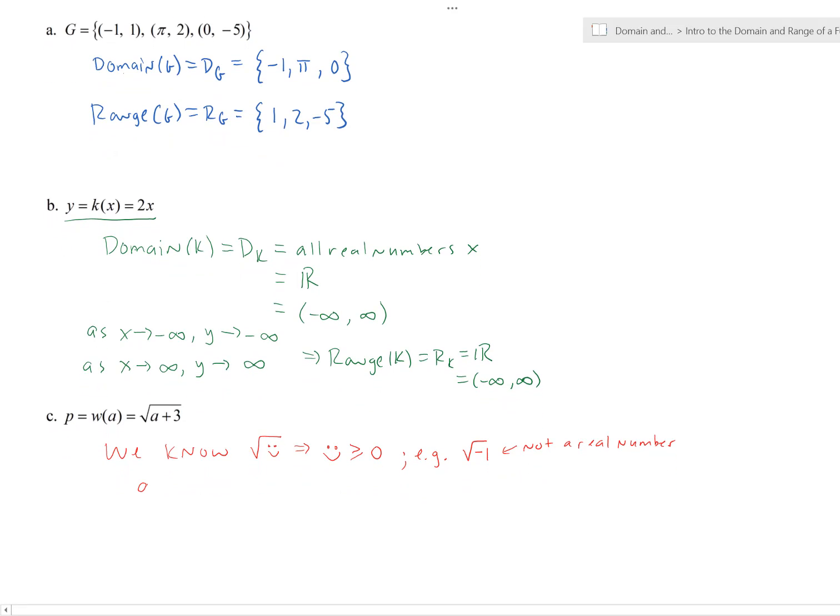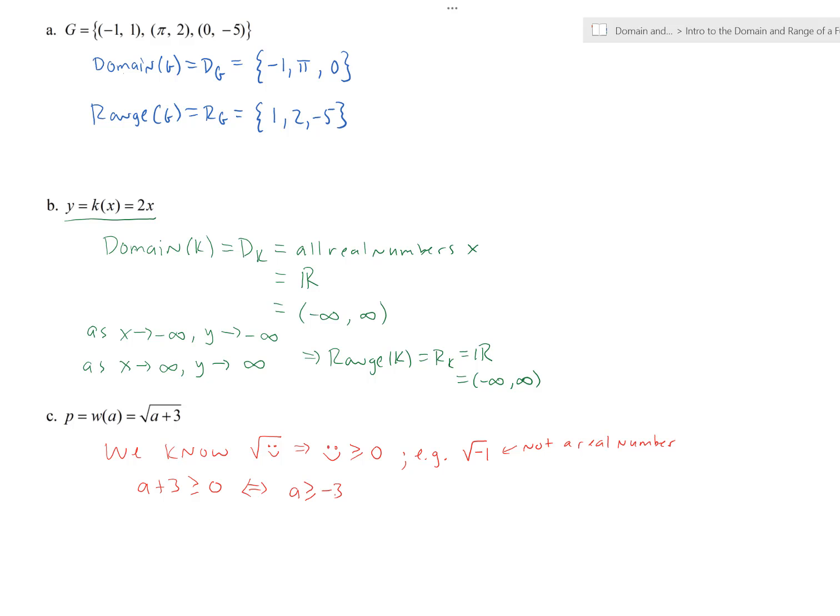That means we got to take what's inside the root.